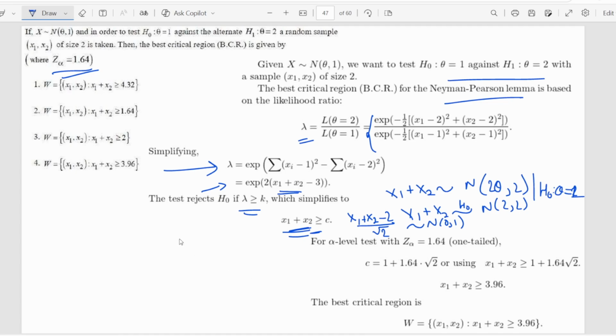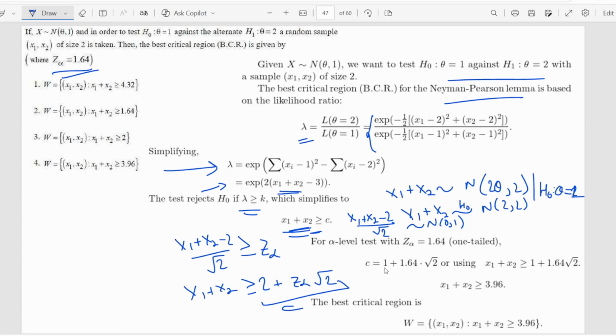It's essentially x1 plus x2 minus 2 scaled by square root 2 greater than or equal to z alpha, which would give the critical region, and means x1 plus x2 greater than or equal to 2 plus z alpha square root 2. So we have c as this quantity. So this becomes 2 plus the appropriate thing.